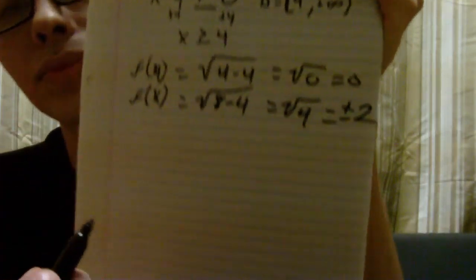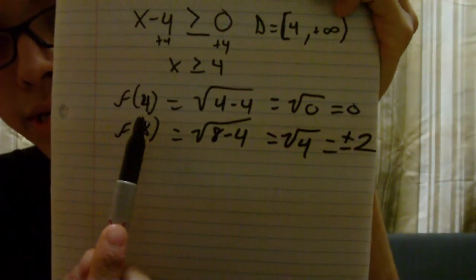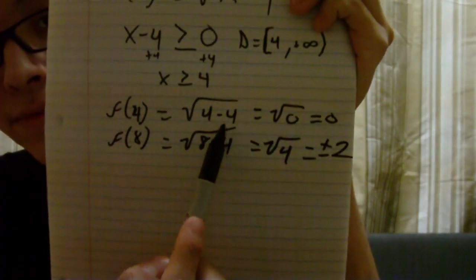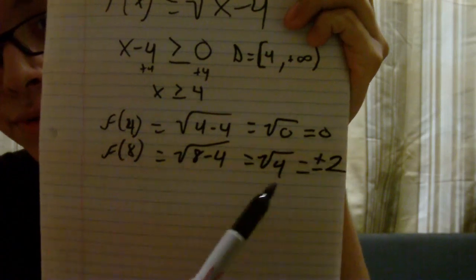For example, okay, f of 4, you plug in 4 for the original x, minus 4, square root of 0, 0.